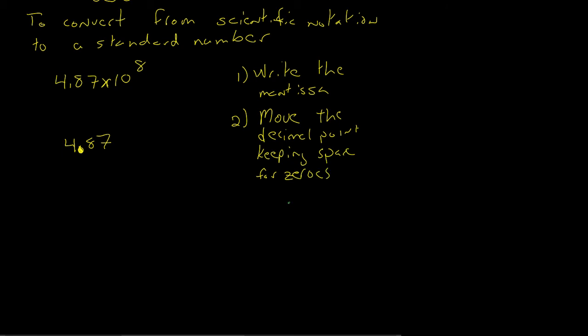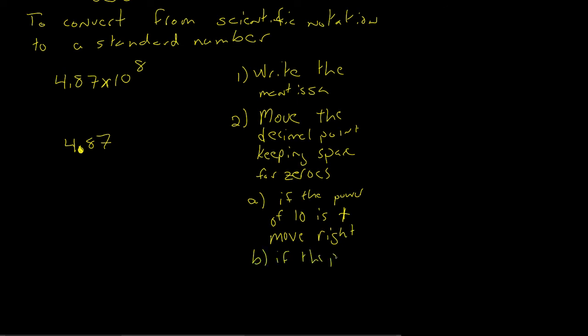What does 10 do? 10 gives you all your zeros. 10 to the 5th is 100,000, and so it gives me those 5 zeros. In this case, I'm moving the decimal place. So A, if the power of 10 is positive, move right.